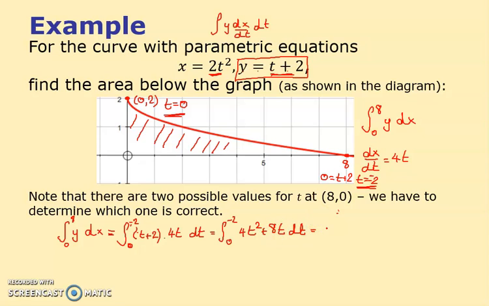And if I integrate that, I get 4t cubed over 3 plus 4t squared, between 0 and minus 2. And what you'll probably find is this is a negative answer, and it's because of these being wrongly round, and I can just switch them around.